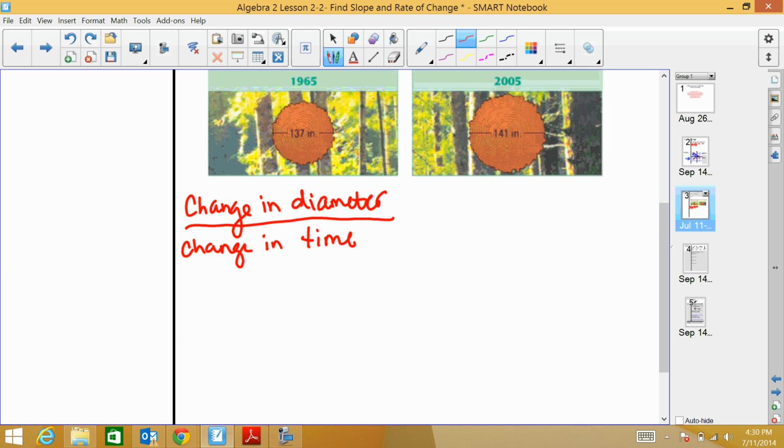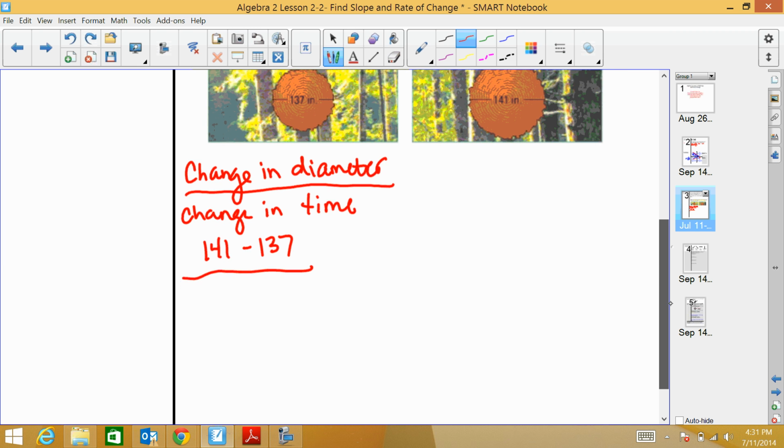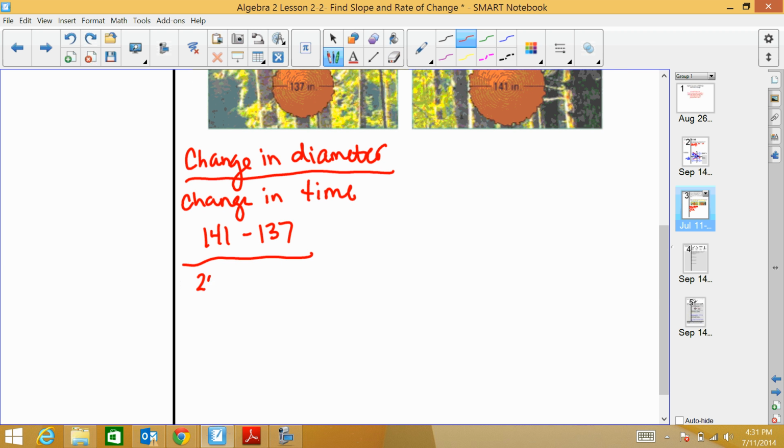So the diameter is 141 minus 137 divided by the years, which is 2005 minus 1965. So we're going to work this out, and I'm going to keep my labels on here too, just to help you see.